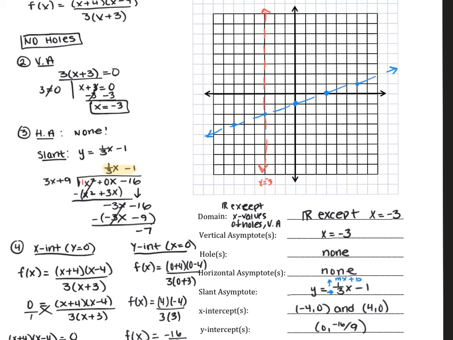So now, just to finish the graph, we can plot our x-intercepts. So if you see here, my x-intercept is -4, 0 and 4, 0. So here's -4, 0, and here is 4, 0. And it looks like I have a y-intercept at 0 and -16 over 9.